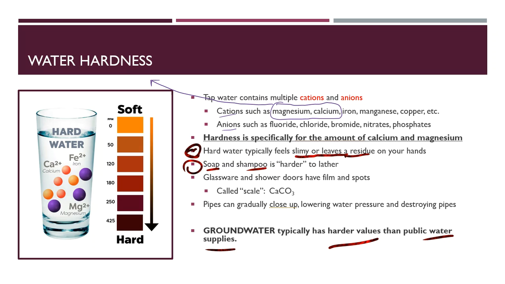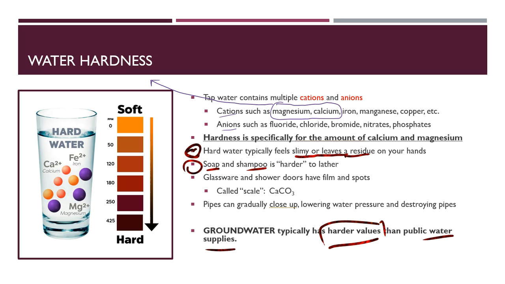If you are paying a water bill to a company, that is what we call a public water supply, and that public water supply typically is on the soft range because they condition the water for the most part. But if you are getting your water from something like a well, then you will have harder values as far as water hardness is concerned.